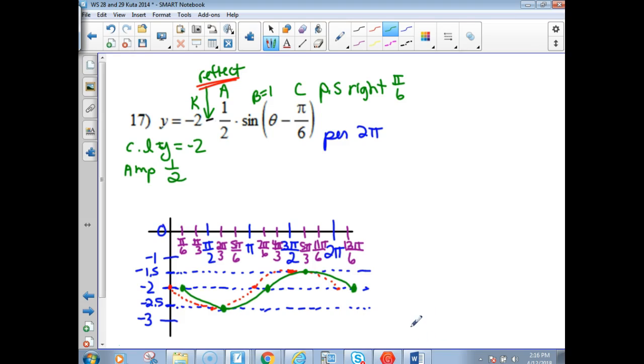Okay, so now our key points are pi over 6, negative 2; 2 pi over 3, negative 2.5.